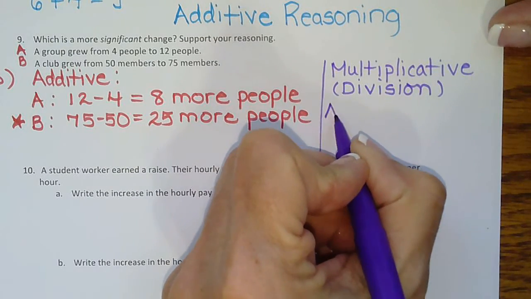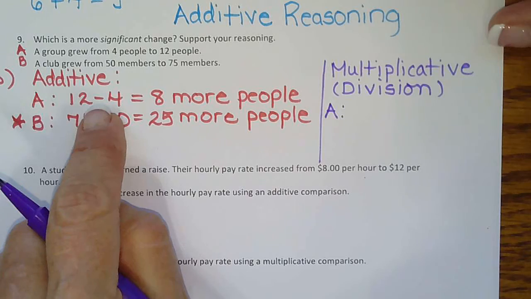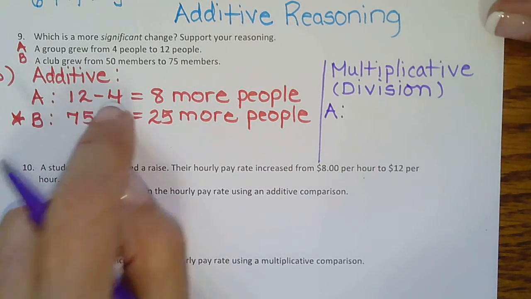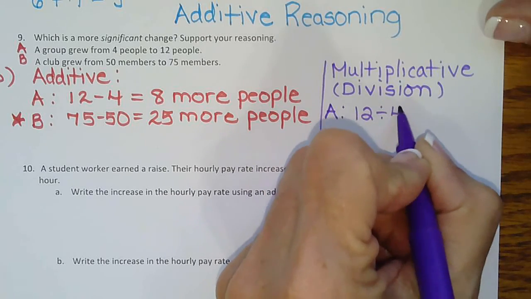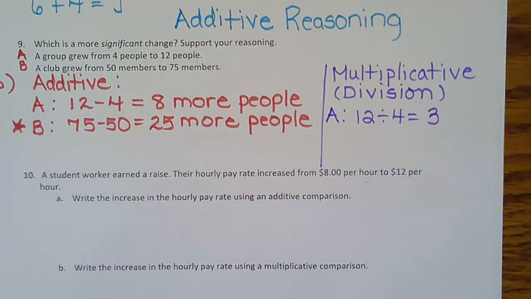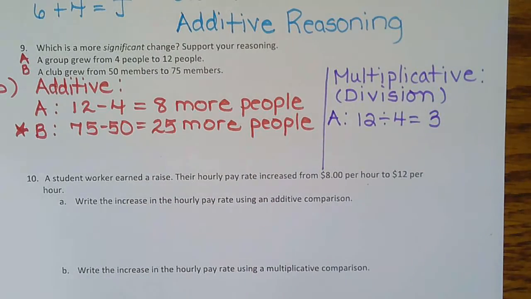So group A, instead of subtraction, remember we're going to change that to division. So 12 divided by 4 equals 3. And do you remember what the label is for multiplicative?